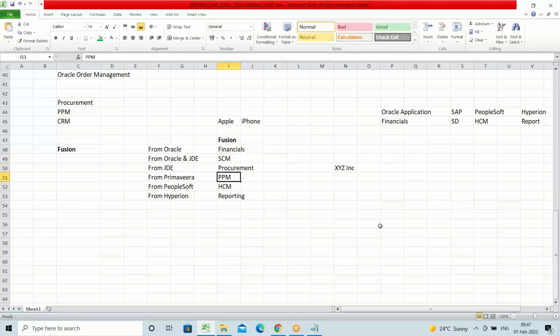And procurement also, PPM also. If you already know those individual products, your job will become easy when learning in Fusion. But even if you already work on these individual products, you cannot work on them directly in Fusion. These products need to be synchronized and connected with the other applications which are part of Fusion.